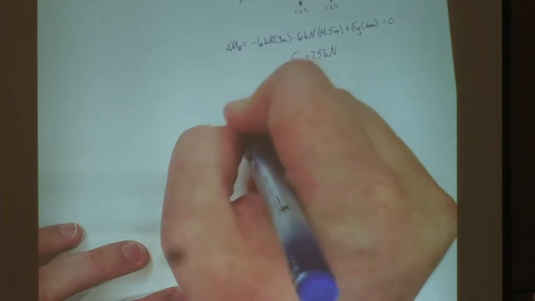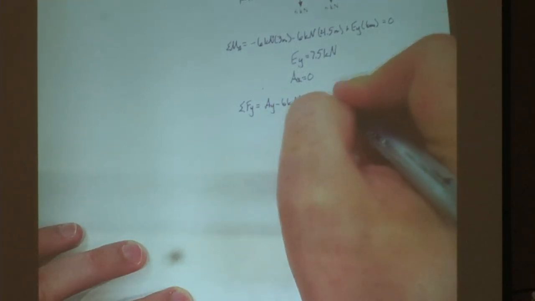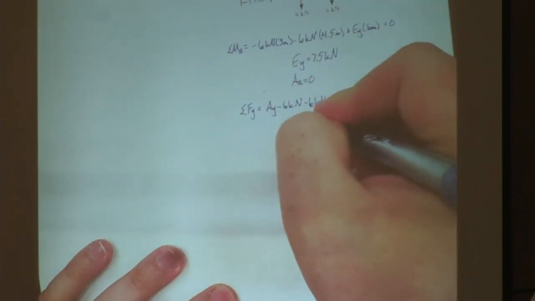And there are some forces in y. It's assumed there are no external forces in the x direction. All right, and then we're left with Ay equal to 4.5.